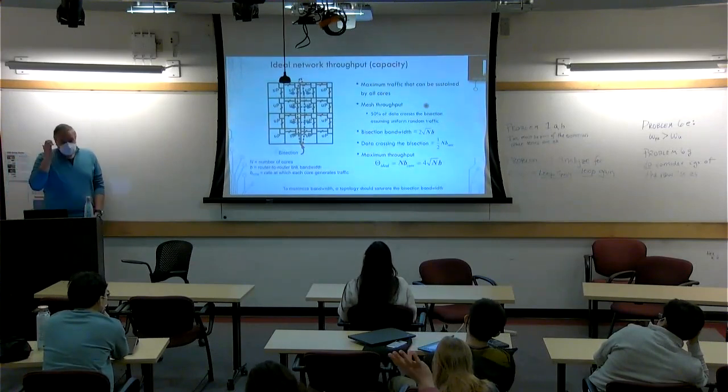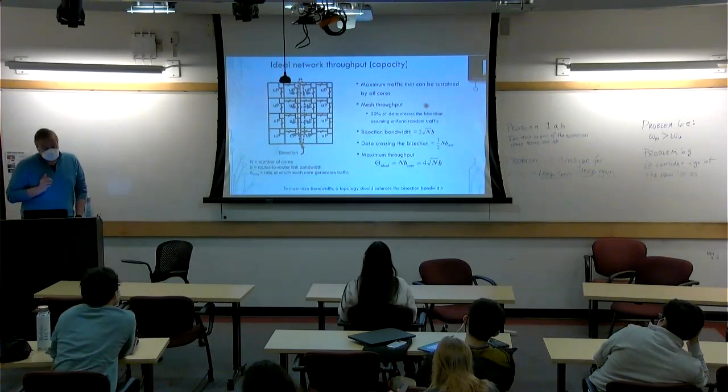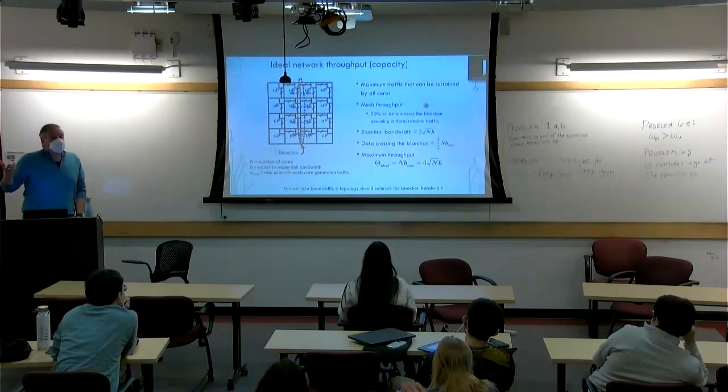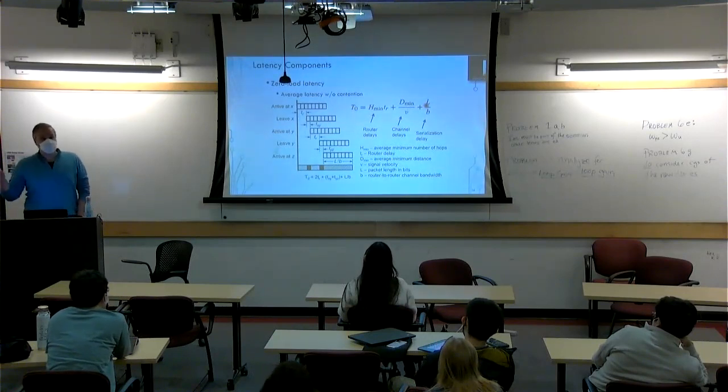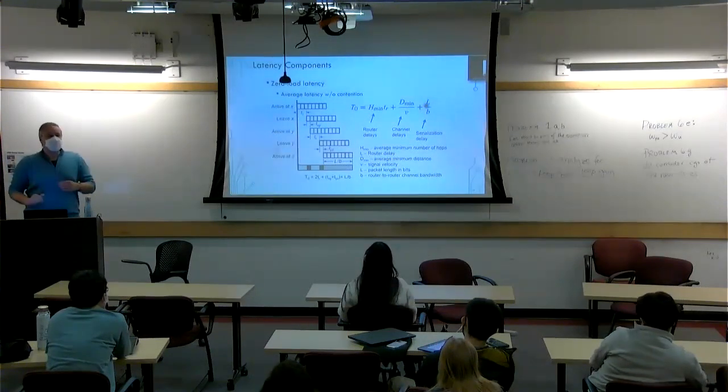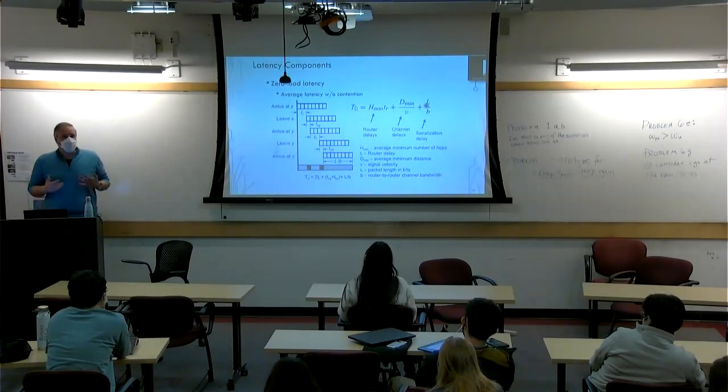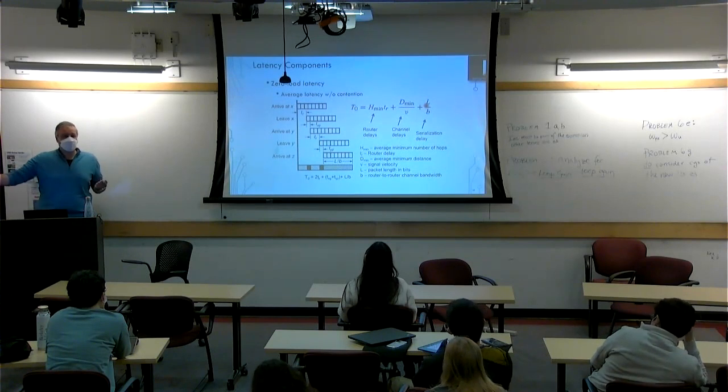Okay, ideal network throughput and capacity, what we call capacity. Sorry, in the previous slide, is there a reason behind why we choose this? Because in this case, what would be approximating the lower bound? This is, let's call it, average minimum. What this means is that you have a choice of how many hops you could make.